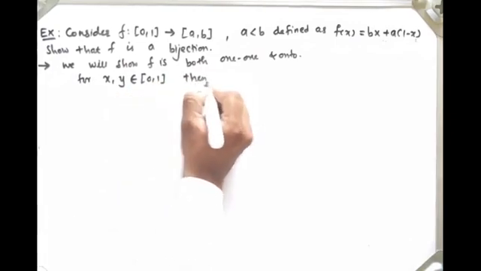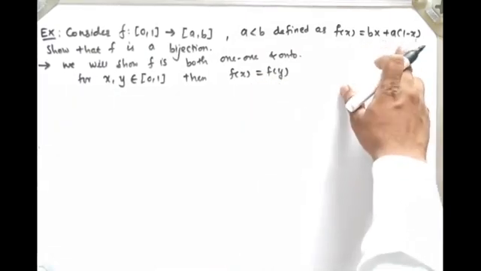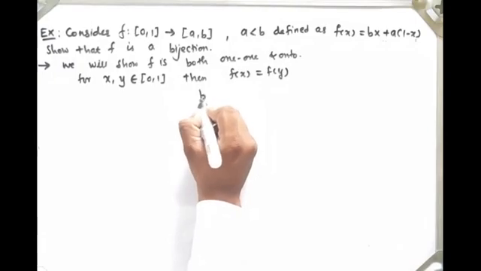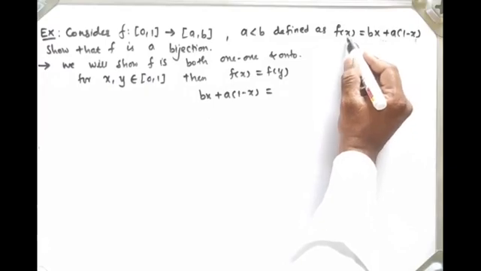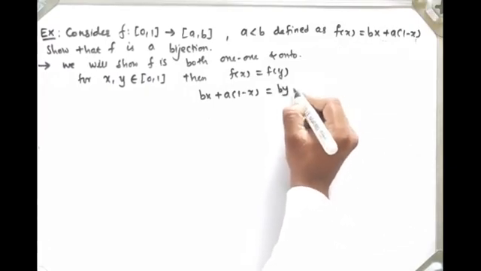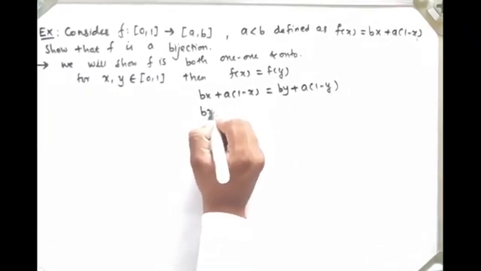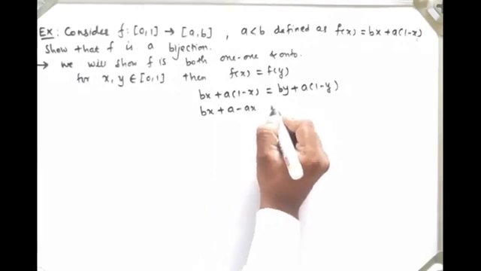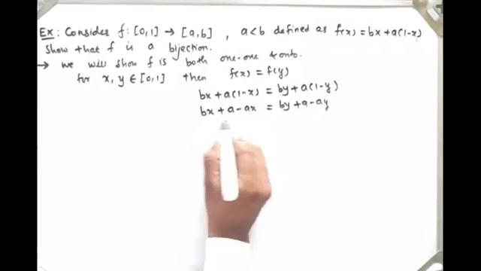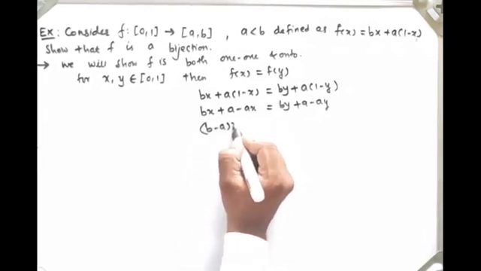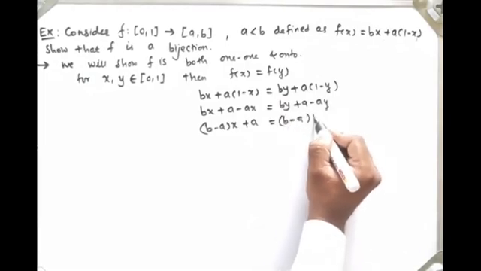Then if f of x is equal to f of y, f of x is this function, so I will write bx plus a into (1 minus x) is equal to, replacing x by y, by plus a into (1 minus y). So here bx plus a minus ax is equal to by plus a minus ay. So I will take x as common, (b minus a) into x plus a is equal to (b minus a) into y plus a, taking y as common.